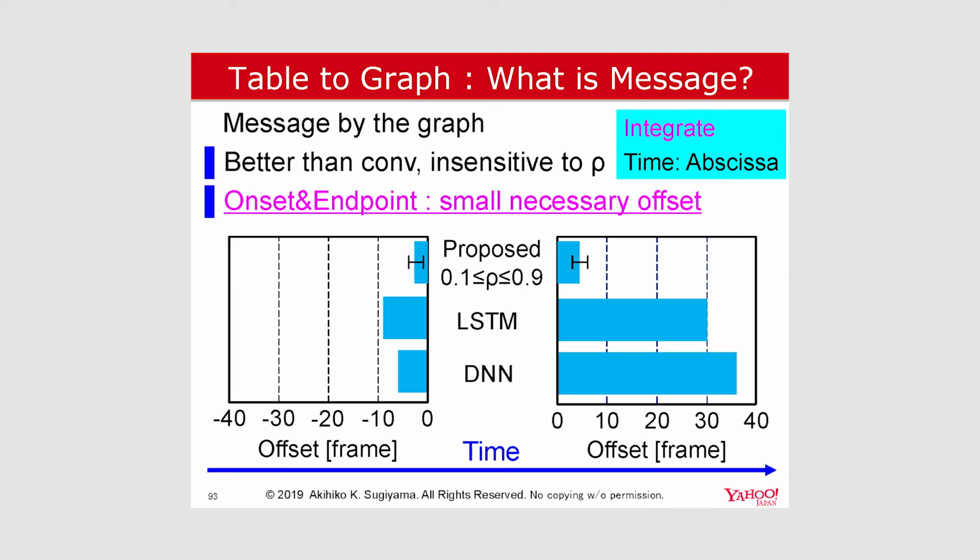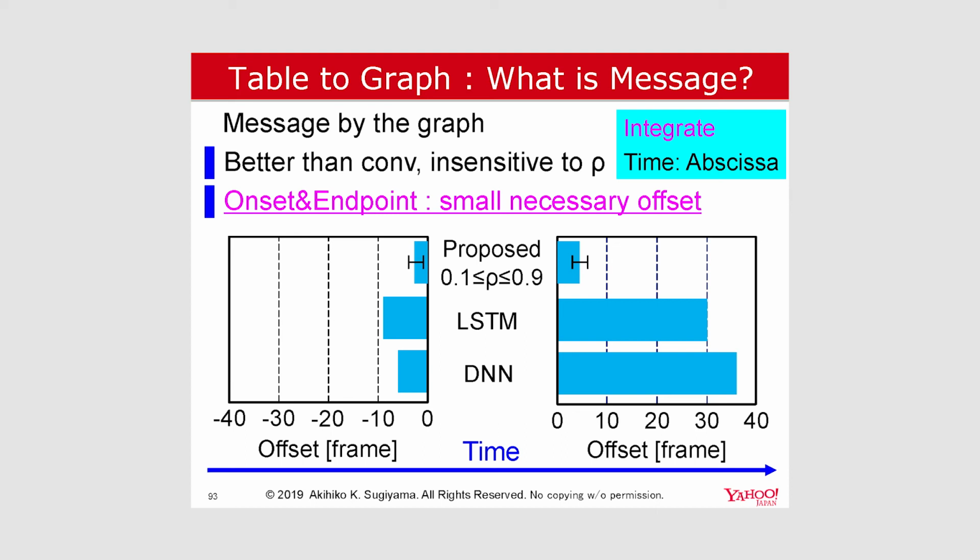The time goes to bigger values in this direction. If you go in this direction, it becomes negative, so you are going back into the past. And showing the values here, you are showing that the difference is very small, but still the proposed method has very small distribution. That is a sign of insensitivity in the selection of the value of rho.